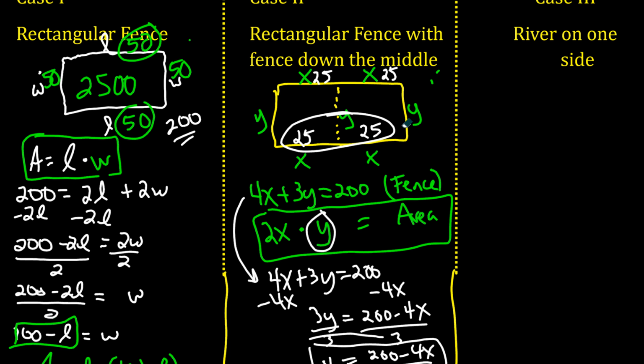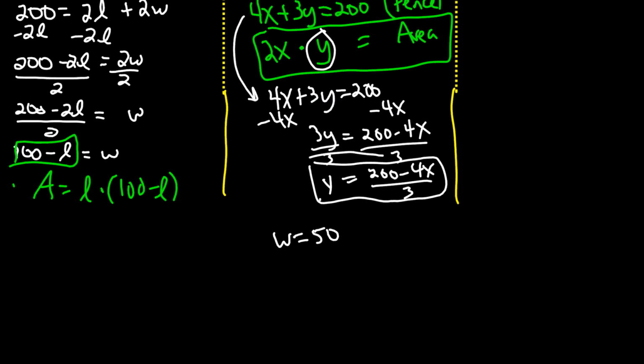Well, we know that there's 100 feet of fence with the 25, 25, 25, and 25. 25 times 4 is 100. So that means I've got 100 left over for the other three segments. So if I take 100 divided by 3, y is going to be 33 1/3. And so the length of this is going to be 33 1/3.